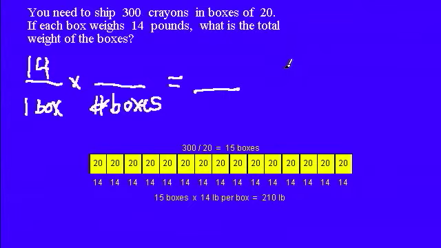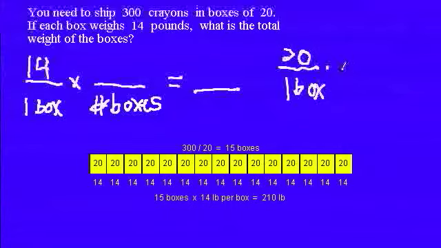But if you wanted to analyze it, again, you could set it up as 20 crayons in a box times the number of boxes has to account for 300 crayons.